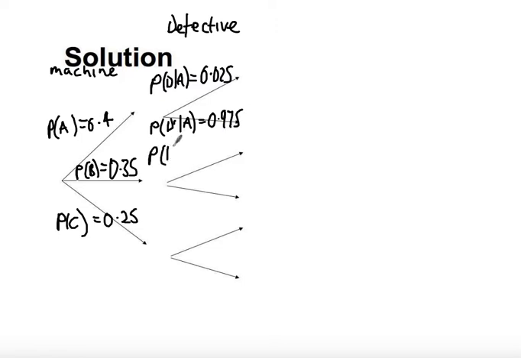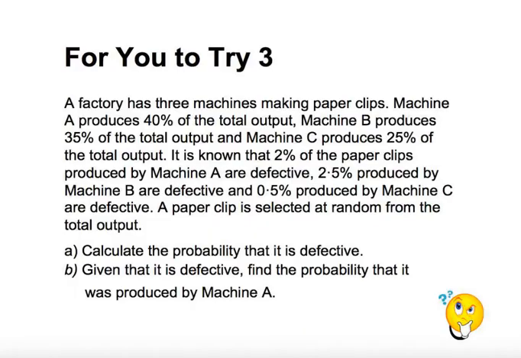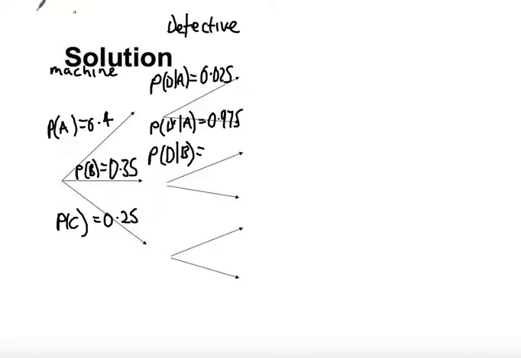Probability that it's defective, given that it comes from machine B. Well, that is given as, just flip back a second, 0.5% of the time. Sorry, let's go back. I've misread that question there. So actually it's 2% of the time for machine A and 2.5% of the time for machine B.